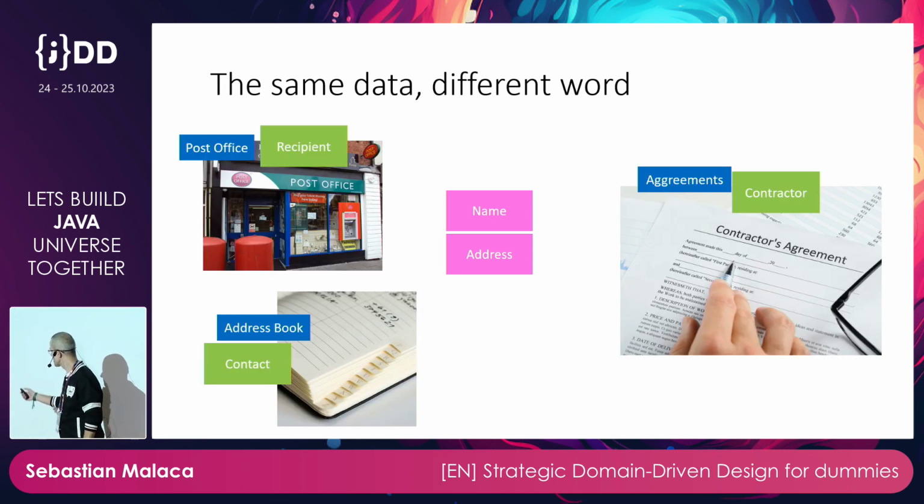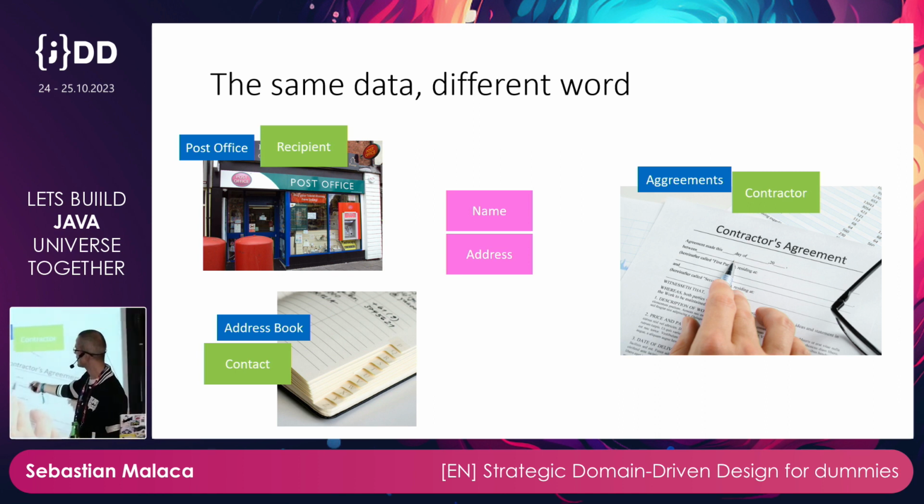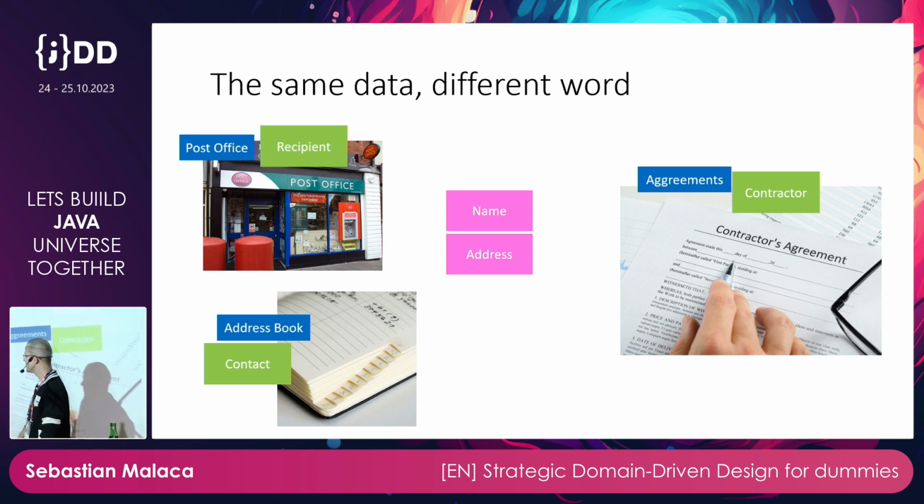And if you don't know how to name it, it's worth seeing in what kind of context you are using this set of data. And if they are consistent, if you are always using them together, you can look for the names starting from the context. That will be the same string, Sebastian Malaca. A few fields for address.